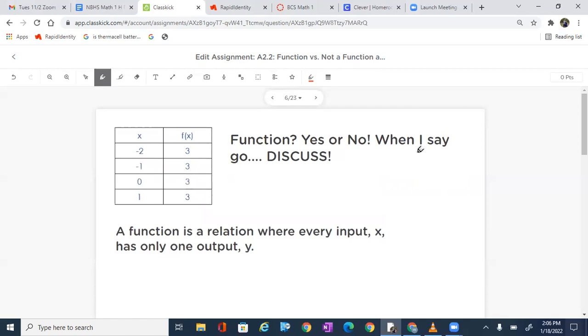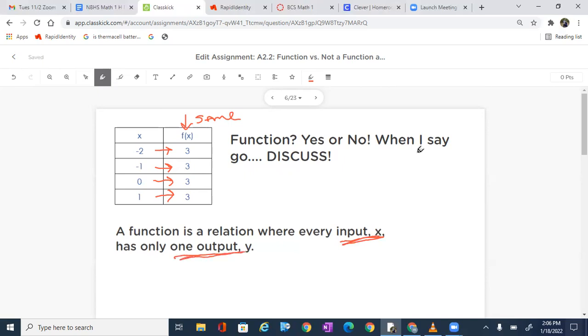Okay, let's keep on rolling with it. Function, yes or no? -2 has 3, -1 has 3, 0 has 3, and 1 has 3. This is confusing because you keep seeing all these 3s here. These are all the same, but we have to remember that a function is simple: for every x, there is only one y.